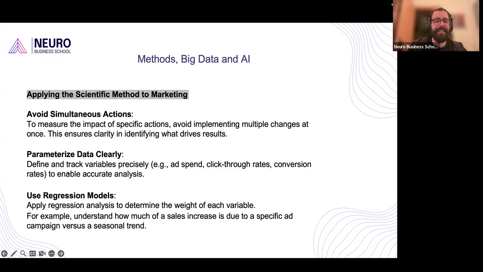Parameterize that clearly. Define and track variables precisely. If you want to collect information about a behavior, try to understand which kind of data you need to collect. Maybe the time that people are watching an ad, maybe the pattern of clicking on a website, maybe, I don't know, the conversion rates.